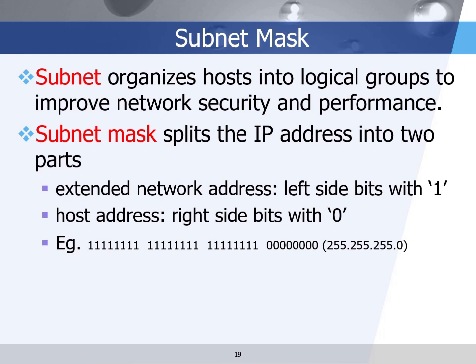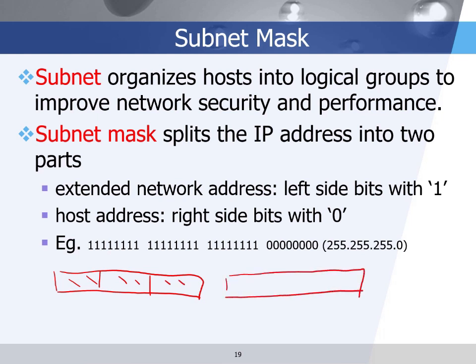So how do we use this subnet mask? Let's see an example. Suppose you have a Class C IP address. That means we use 3 bytes for the network part, and we have 1 byte for the machine number part. That means we have 8 bits for the host number part.